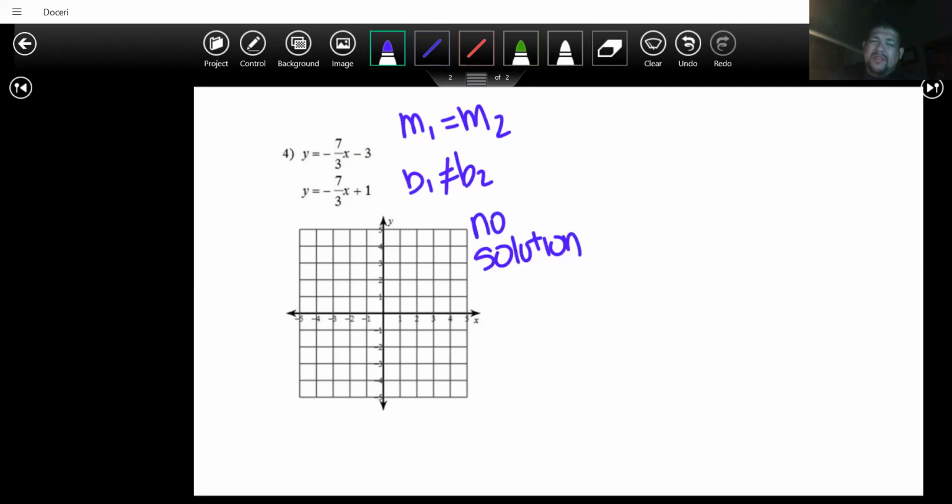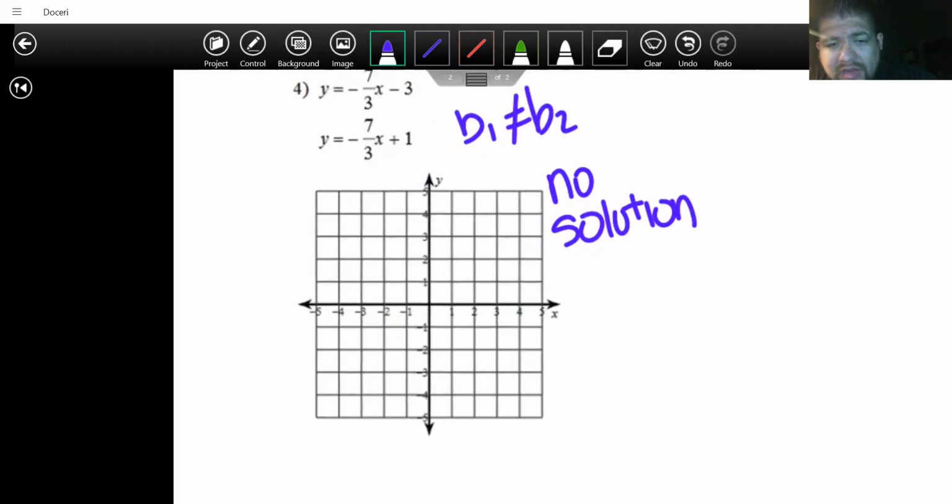Same slope, different y-intercept, no solution. In this case, we're going to go down 3. So down 3 would give me my first one here. And then I'm going to go down 7 over 3. In this case, I can also go up 7, back 3. So I'm going to go up 7, 1, 2, 3, 4, 5, 6, 7, back 3. And these two are going to be connected right here.